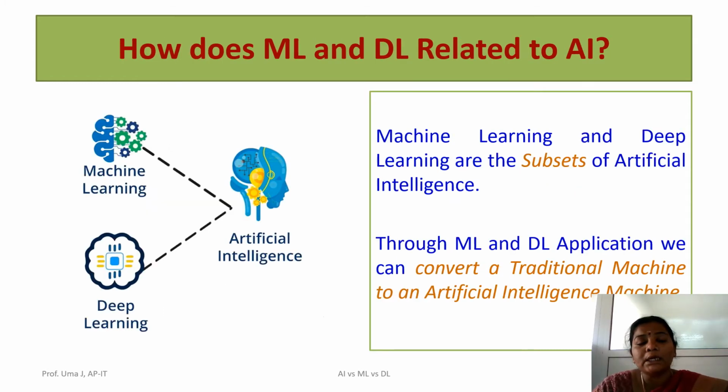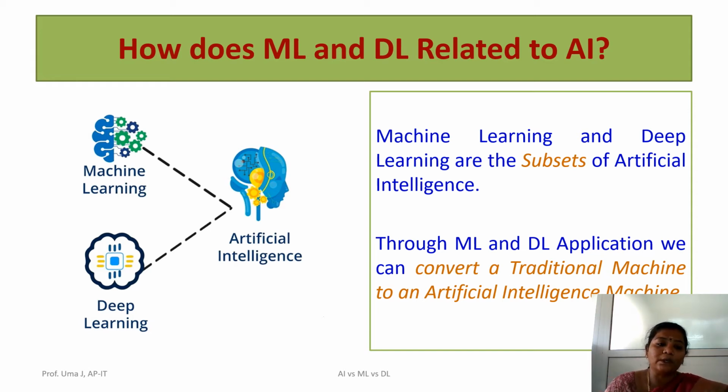Now let us see how artificial intelligence, machine learning, and deep learning are interrelated. Machine learning and deep learning fall under the umbrella of artificial intelligence. Through the application of machine learning and deep learning, we achieve artificial intelligence in a machine. So we can say that AI is an umbrella to ML and DL; ML and DL are subsets of artificial intelligence.